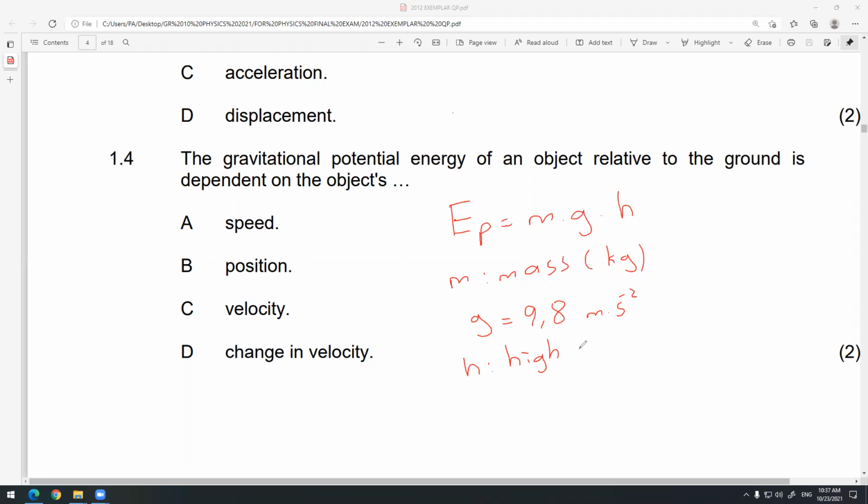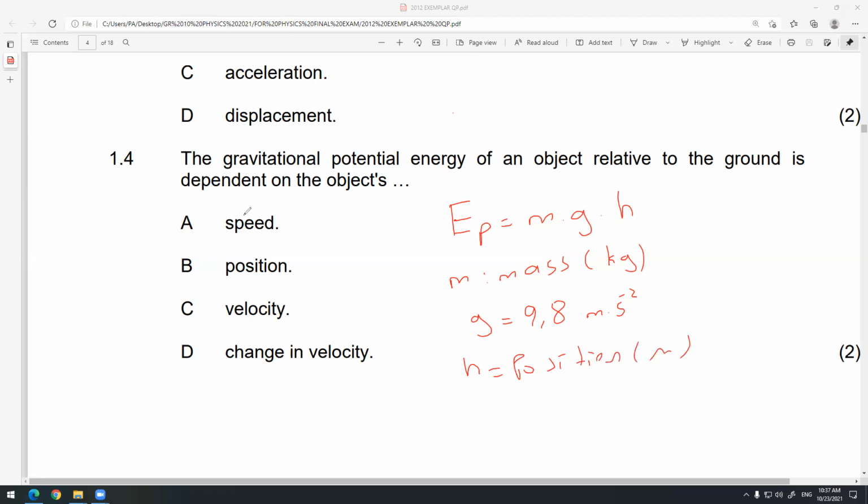Height is in the formula, speed, position, or value of position. You can say height in meter. This is our formula, MGH. So you can just check what is here, people, height or position. H is, let's say, position in meter, height or position.